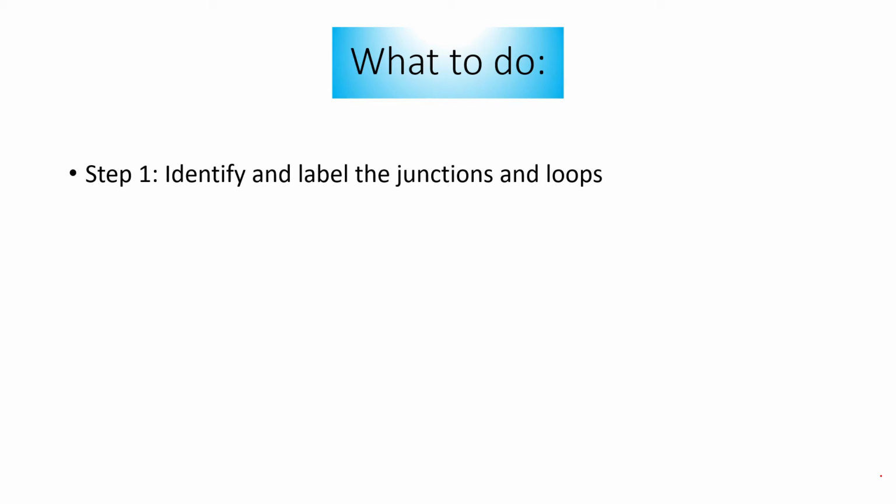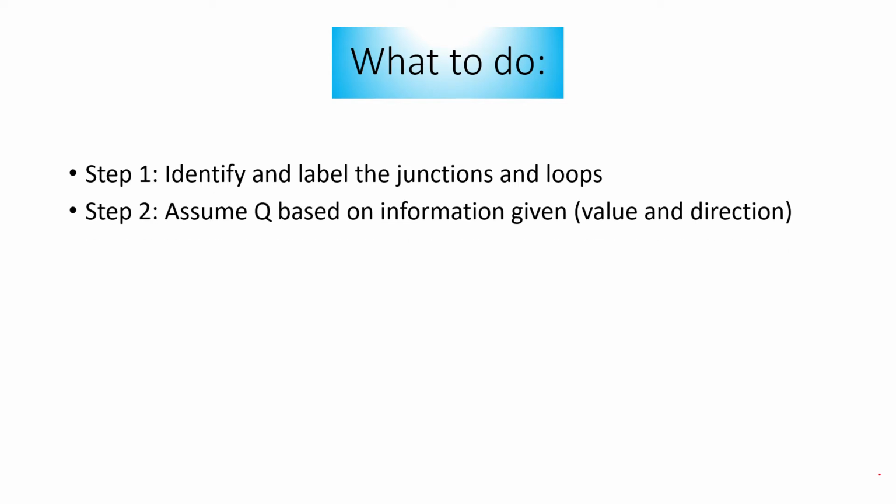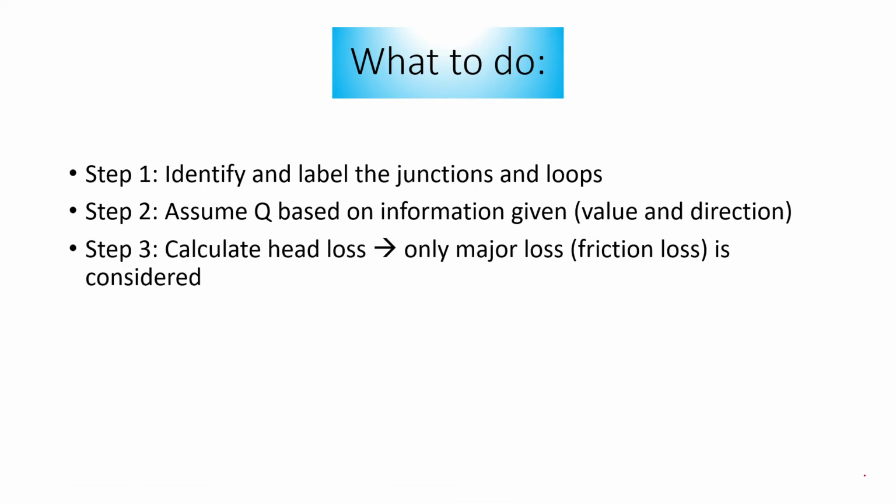What to do in this Hardy-Cross method? Step 1, you identify and label the junctions and loops. In step 2, you assume Q based on information given, in terms of value and also direction of the Q. In step 3, you calculate head loss.